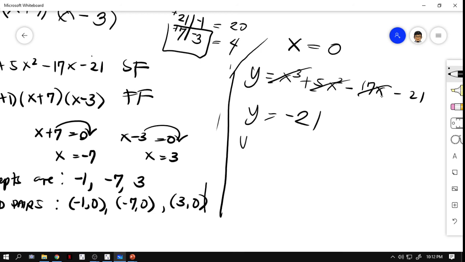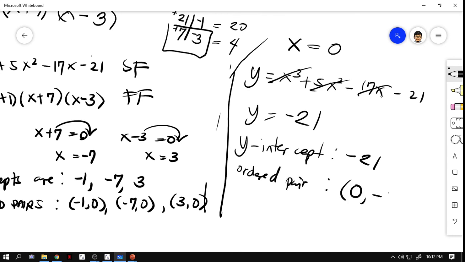So, the y-intercept now is negative 21. While the graph will pass through the point 0 and negative 21. Bakit 0 ito? Kasi ang x natin 0. Okay? Saan natin nakuha yung y? Ayon. Y-intercept natin ayon. So, y is equal to negative 21.